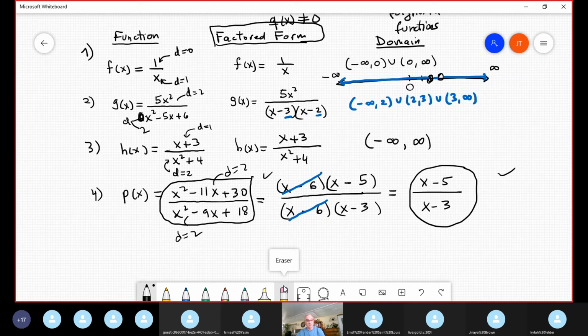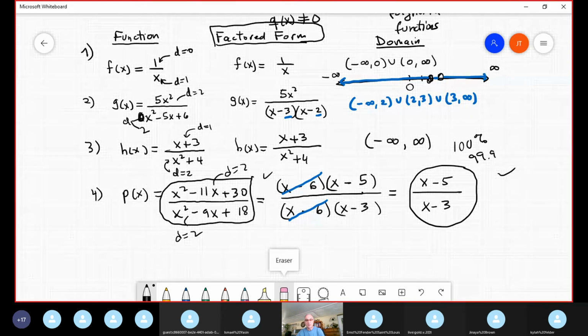However, what is the problem? This expression is not 100% equivalent, it's 99.999% equivalent to this. Why is it not 100%? Because you delete 6. But this is valid only under the supposition that x is not 6.